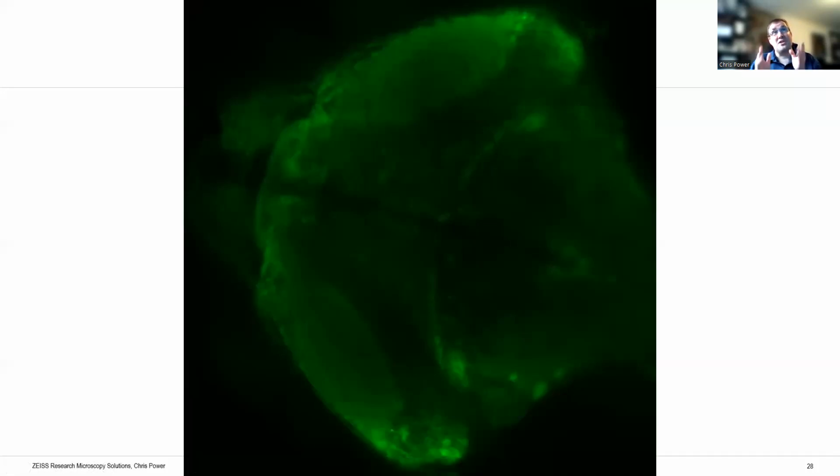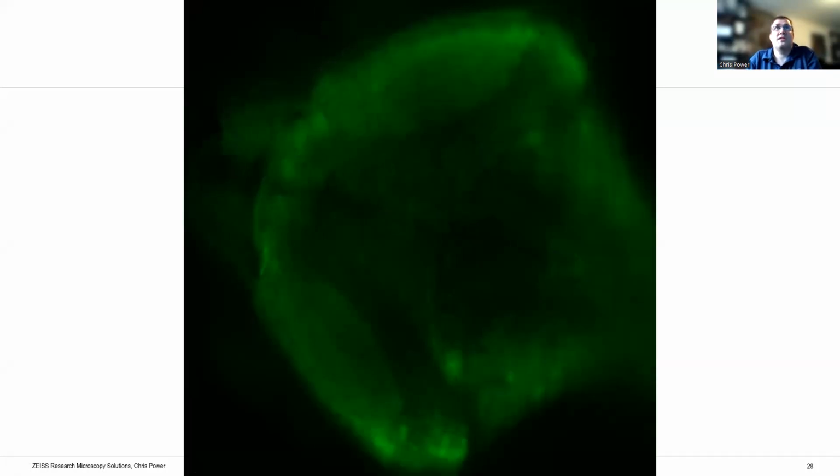But the first day on the light sheet, we saw this kind of image. We went for lunch and we came back. I put a glass of drink on the table, which I shouldn't have in the lab, but knocked the table and the image shook. And we realized we'd been imaging at 13 frames a second non-stop for about 40 or 50 minutes. 25,000 images and the sample hadn't bleached.